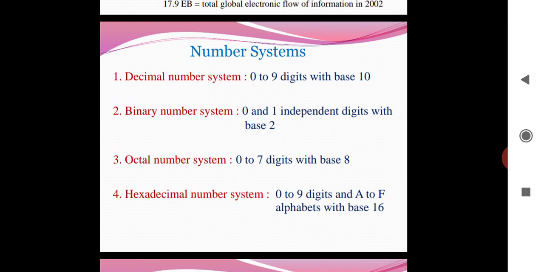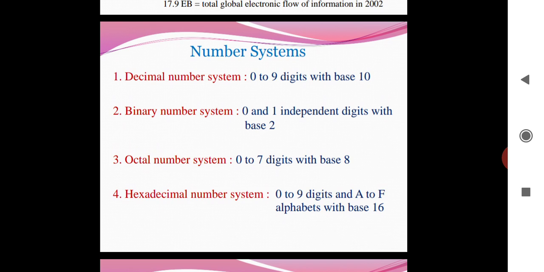The decimal number system contains 0 to 9 digits. So 0 to 9 means it has 10 digits, so its base or radix is 10. The decimal number system, which is useful in day-to-day activities, has 10 digits from 0 to 9.